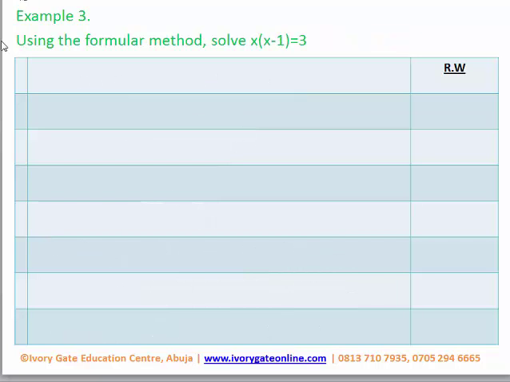Coming over to equation number 3, we'll take the solution to another level. Here we are given x into x minus 1 is equal to 3. Here you need to note something. The standard form of a quadratic equation is ax squared plus bx plus c is equal to 0.